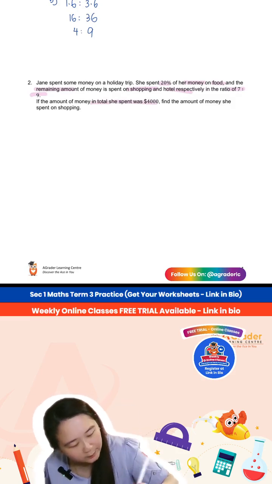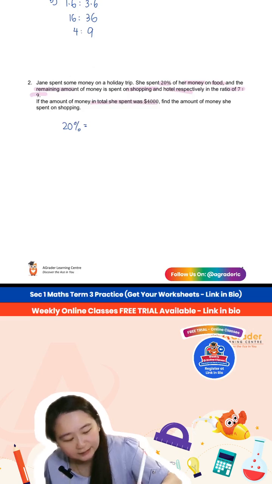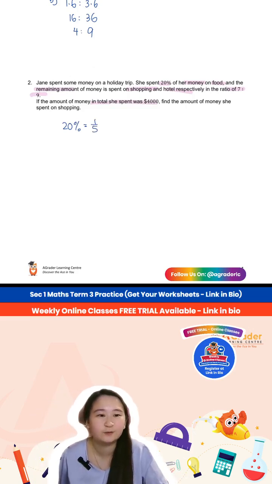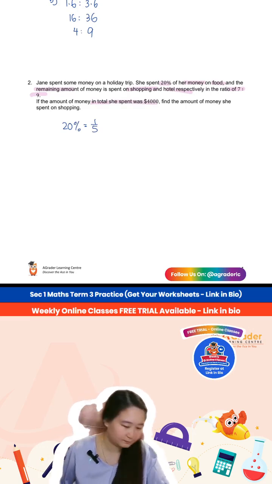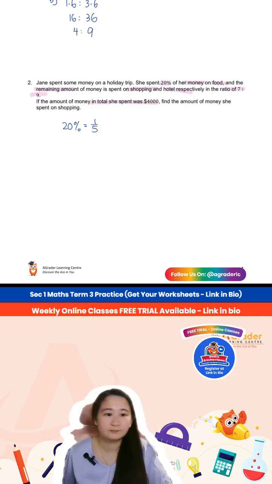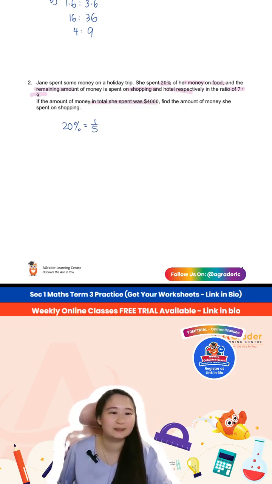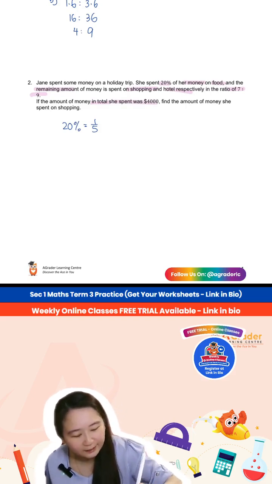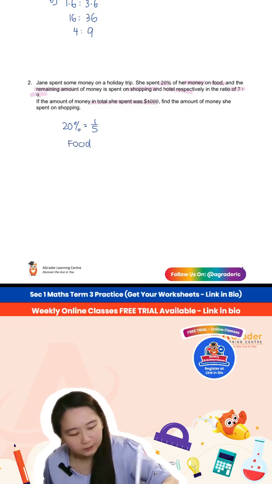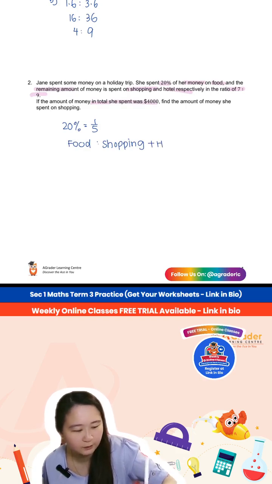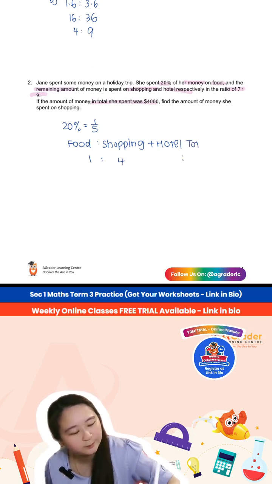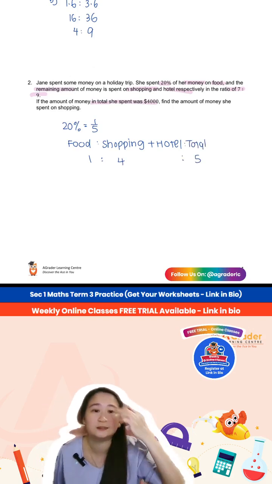Okay, so 20%, you can convert this 20% into a fraction. 20% is 1:5. Okay, so food is to shopping plus hotel will be 1:4 because the total must be 5 units.